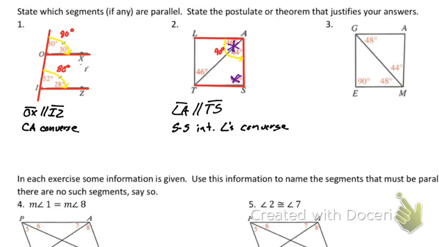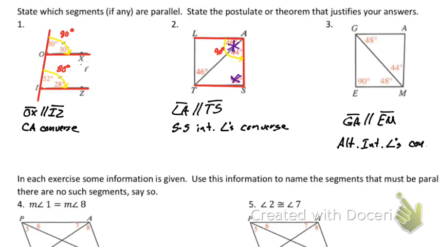All right, number 3. Who wants to give me the parallel lines on this one? Alicia. GA is parallel to EM. You positive? Why? Because of the alternate interior angles converse.